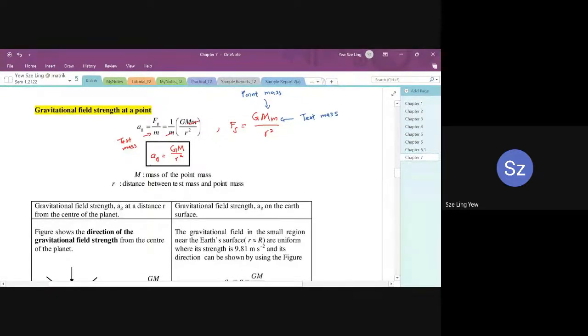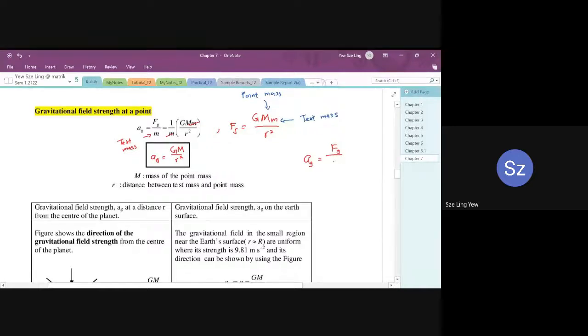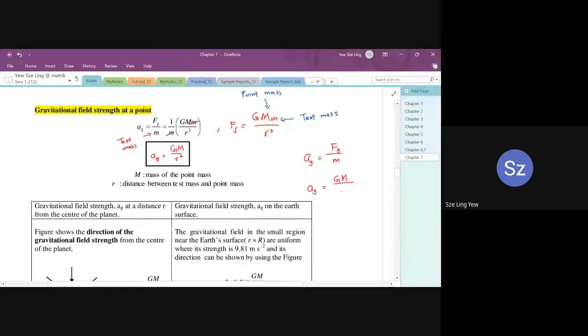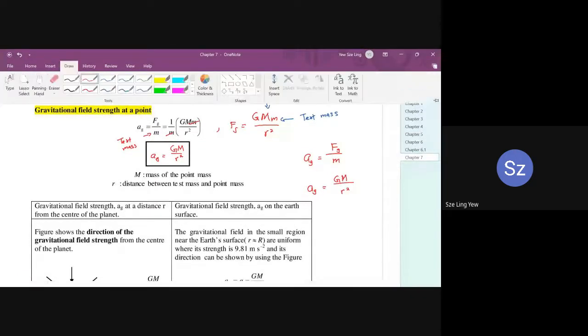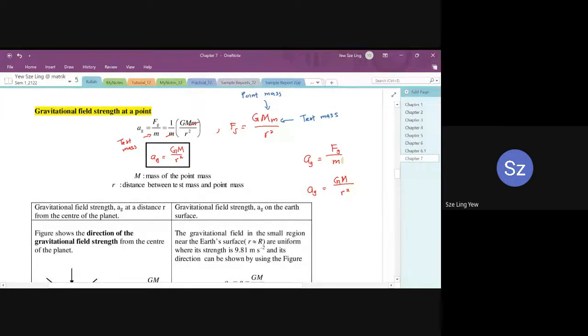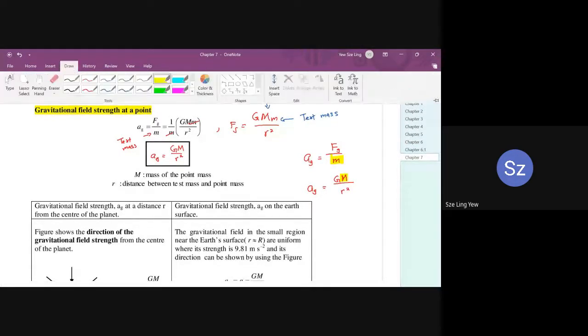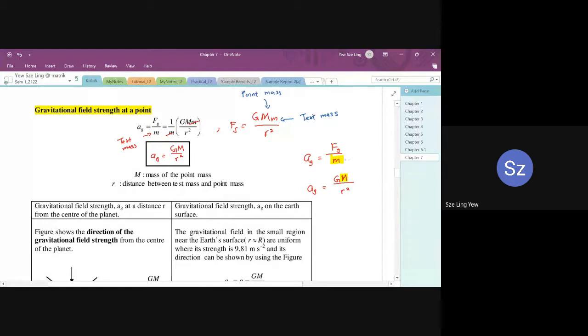So for the same ag, you have two different equations, and they use different masses. Make sure you choose the right mass in your calculation. The first ag is Fg divided by small letter m. The second ag is GM divided by r squared. So the two use different m. This is the part that you have to be extra careful with in calculation questions.